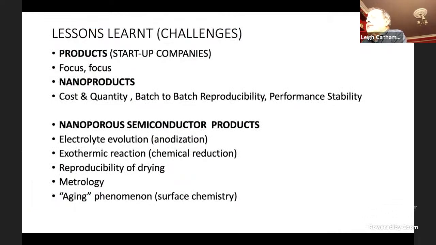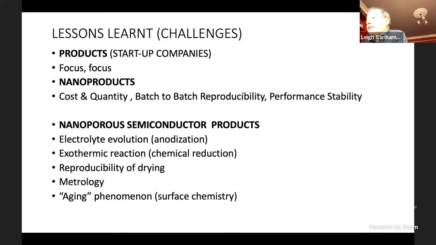The lessons learned from these, for startup companies, it's really important to focus, and it's really easy to not focus and to try and do too many things. Some of the big issues with nano products are the cost, how much you can make, how reproducible it is, and how stable it is.